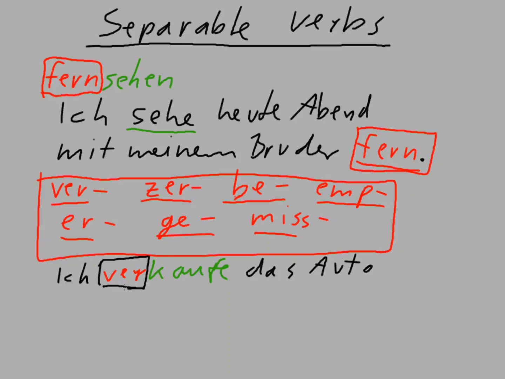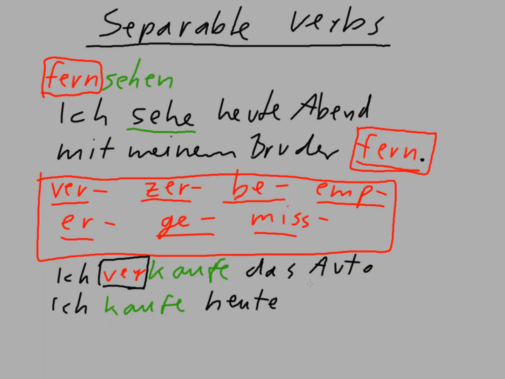Okay. Now let's come up with the verb with kaufen. Let's take a separable prefix for kaufen. Let's say you're buying something, you're shopping for something, right? Then we say ich kaufe, let's say heute, today.